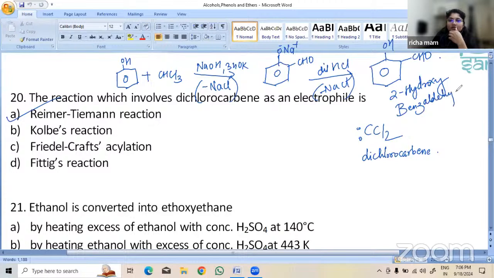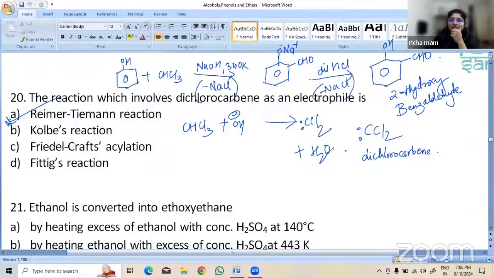So which is the answer? A is the answer. CHCl3 in the presence of OH minus. What are we going to get? We are going to get a dichlorocarbene, so this is the formation of dichlorocarbene.